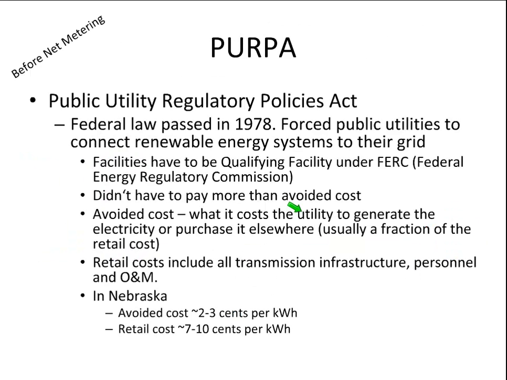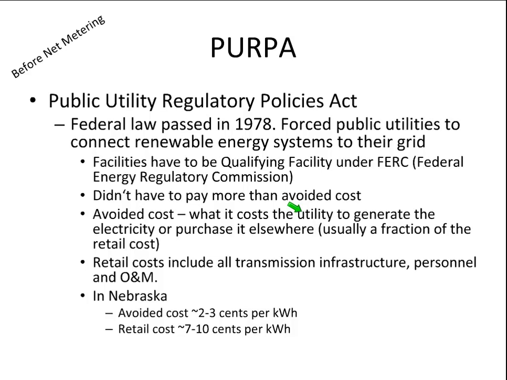Some people have told me at different times, well, my local utility won't buy the power from my turbine. Well, the reality is that's not true. Nationwide, there are some federal policies, like the Public Utility Regulatory Policies Act and others, that say they have to purchase that power from you if certain requirements are met.